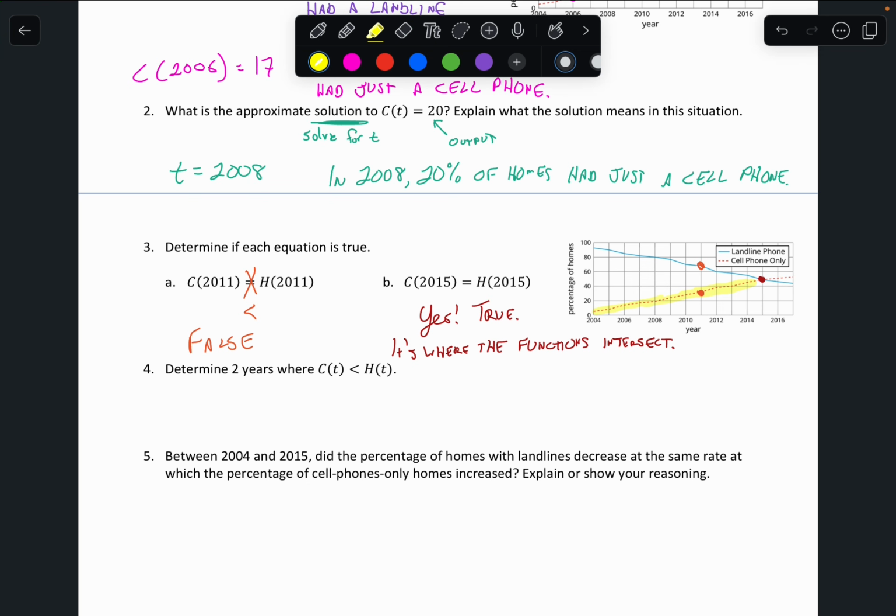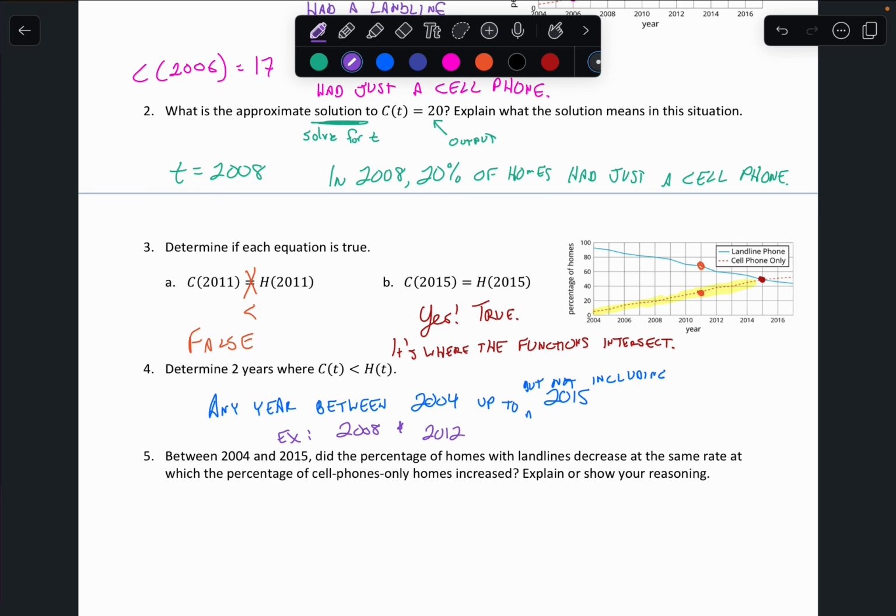All right, so as long as you pick any year between 2004 up to, but not including 2015. So like if you wanted just 2 years, just pick 2 years that are in that interval. Like we could say 2008 and 2012, for example. So those would be 2 years where cell phones percent is less than landline percent.